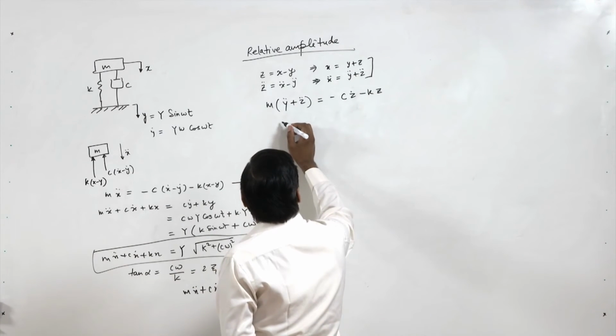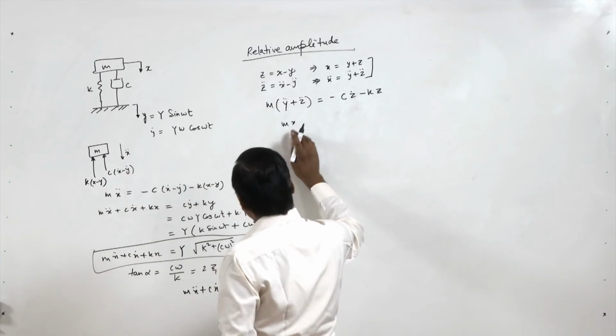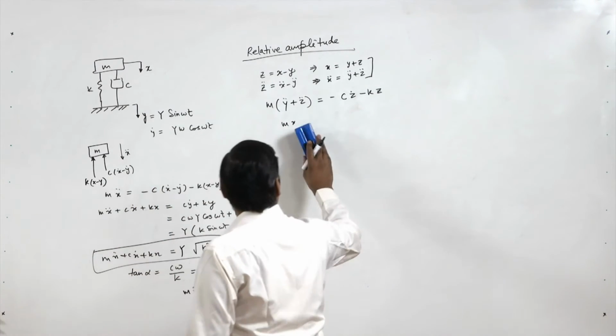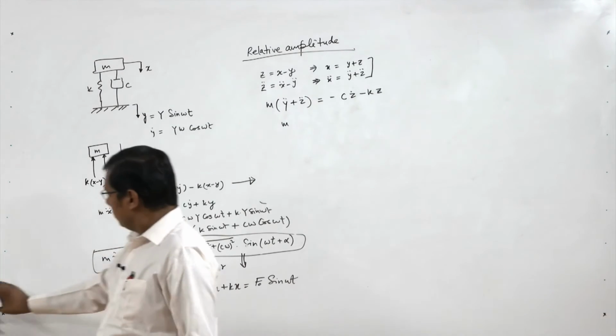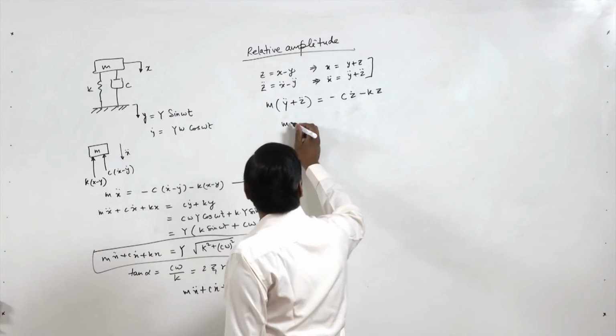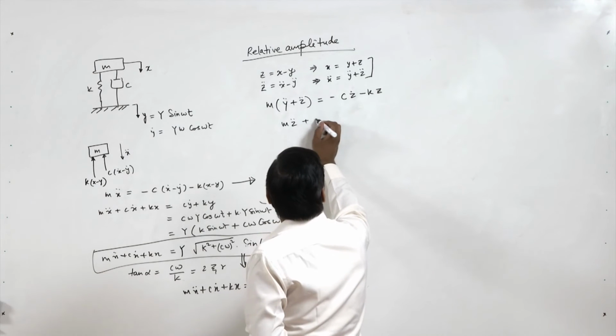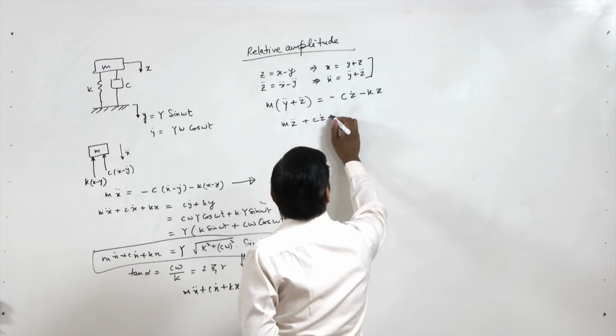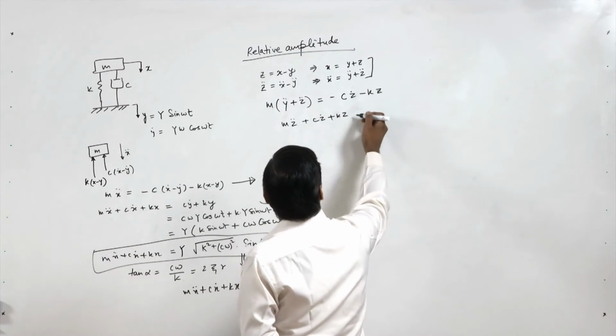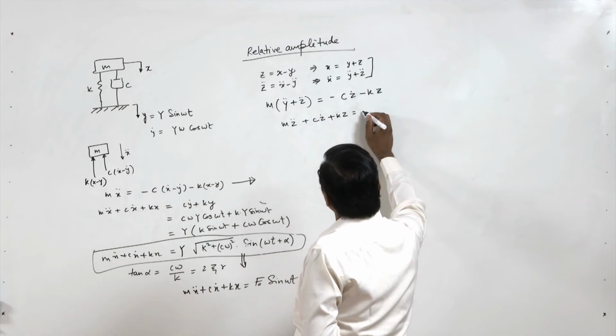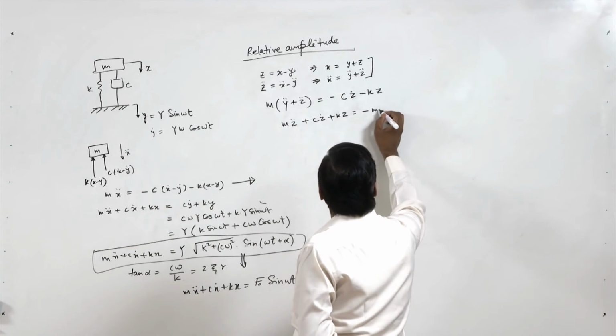So here we can write m z double dot plus c z dot plus k z equal to minus m y double dot.